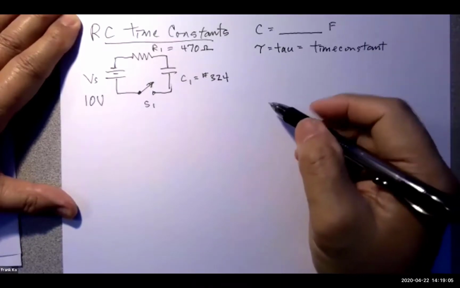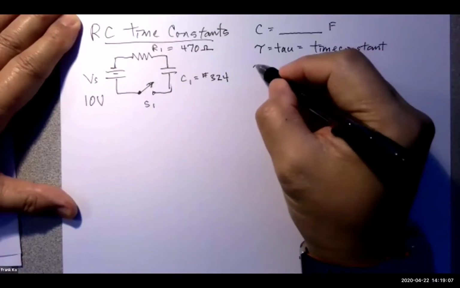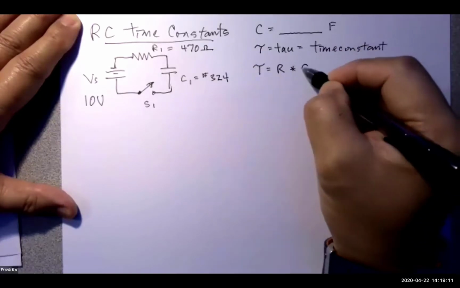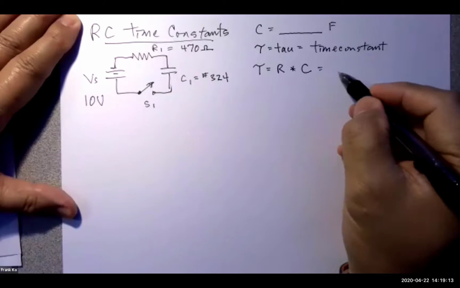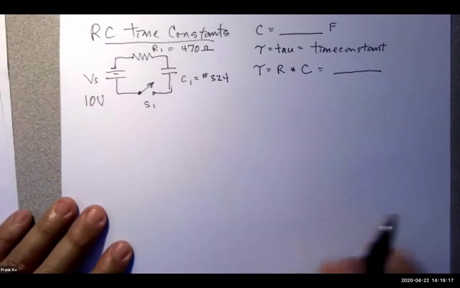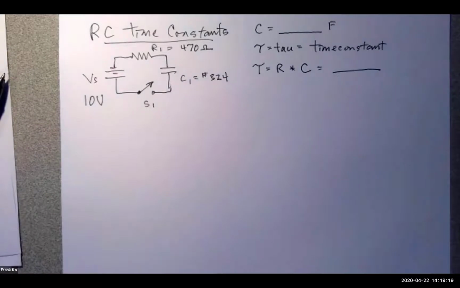Time constant is going to be calculated as the value of R times the value of C, and that's going to be equal to some number yet to be determined. So we have a little bit of work to do. So get your calculators ready.